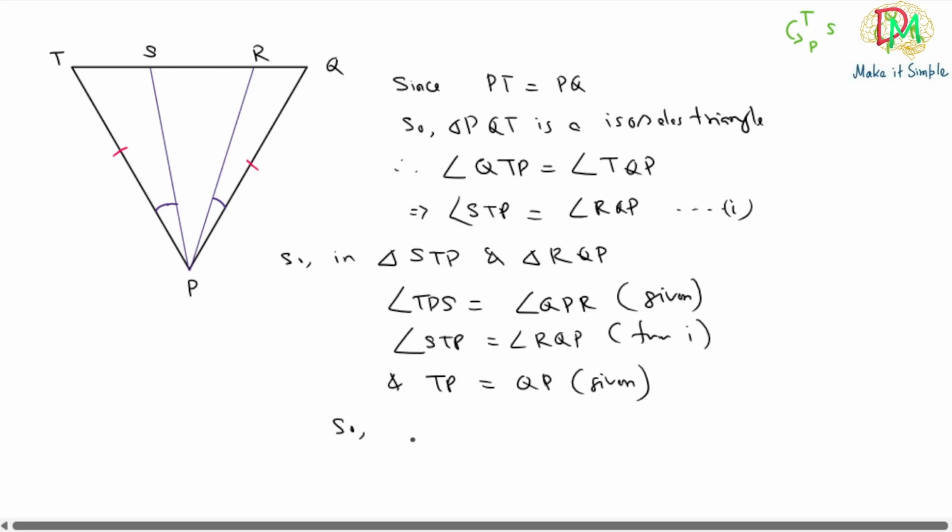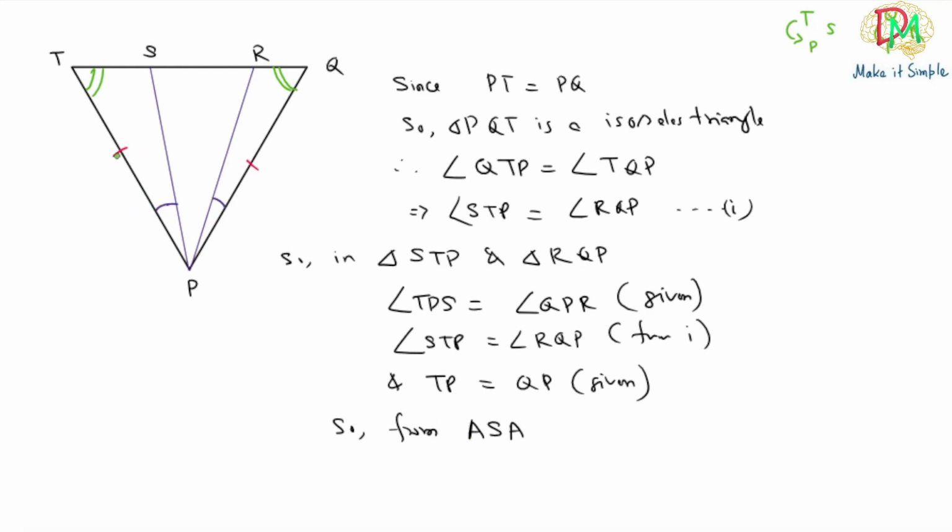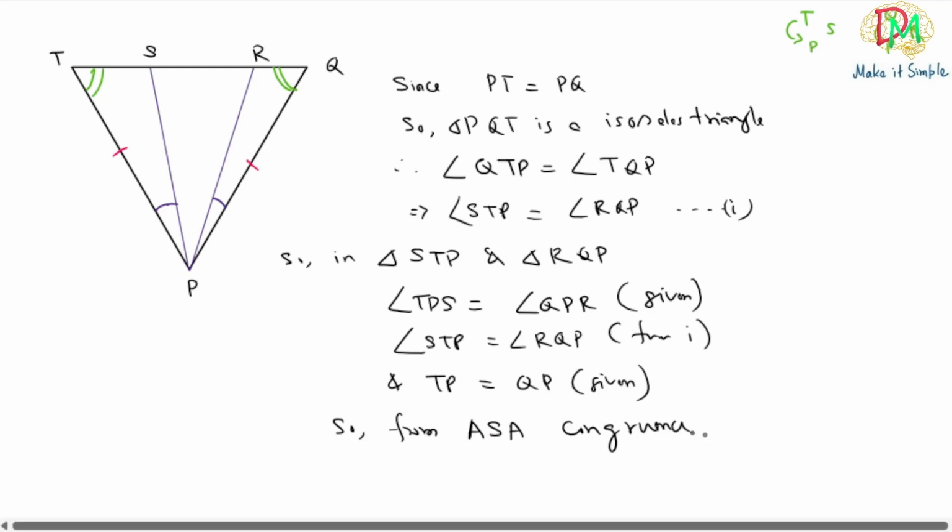So this angle is equal to this angle, and this angle equal to this angle, and this is the included side. So this is the angle side angle congruence criteria.